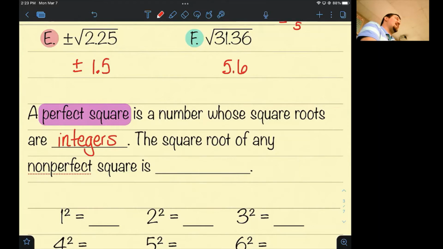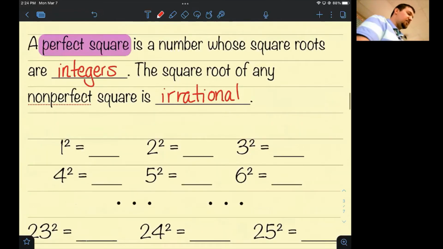In fact, 99% of the time, when you square root a number, that's what you get. It's only the perfect squares that when you square root them, it actually gives you a nice integer. What do we call those numbers that go on forever, never repeat, never terminate? Owen? Irrational. So the square root of any non-perfect square is irrational. And we'll talk more about those on Wednesday, because that'll be one of the things in our 7.4 section.